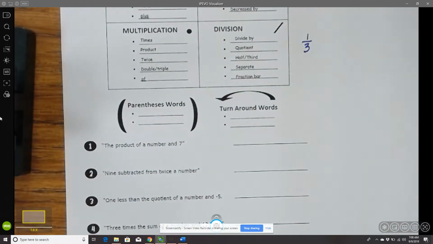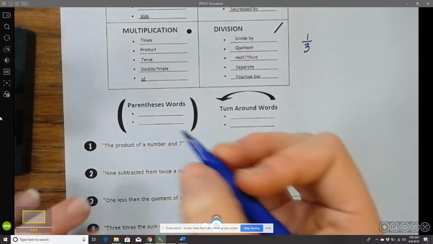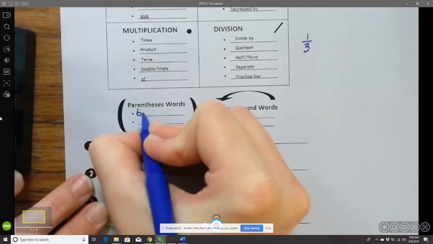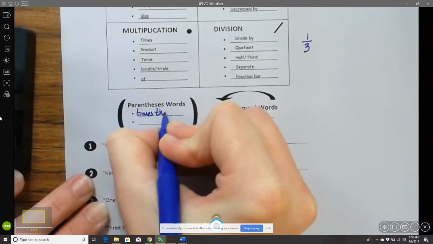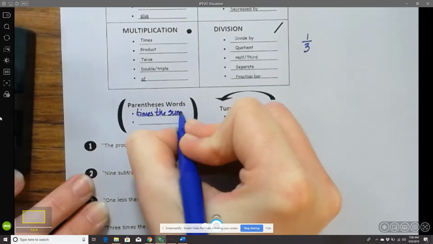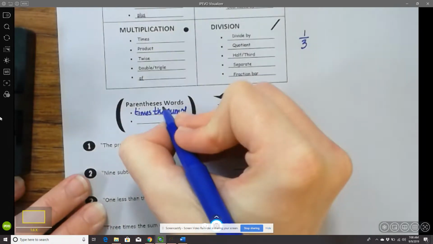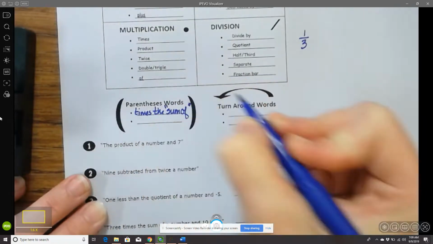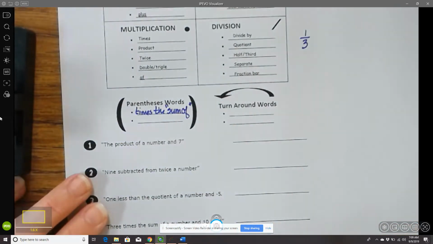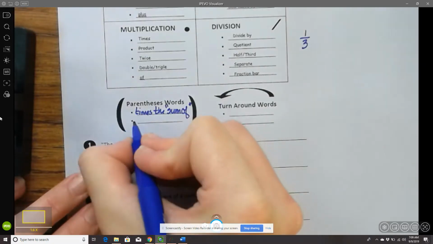Words that indicate that you need to use parentheses are things like times the sum of. And so that means you need to find the sum of whatever you're doing first and then multiply. And then things like times the difference.